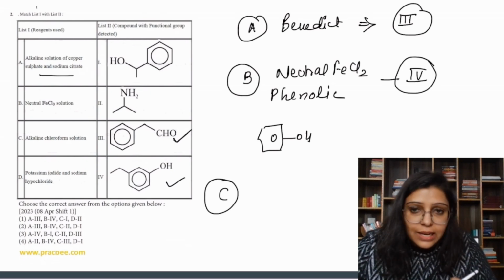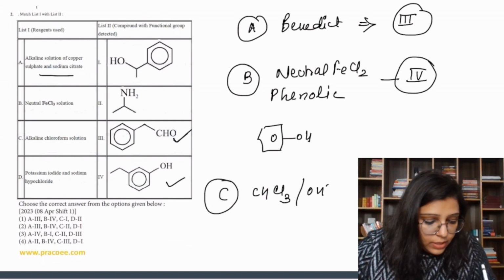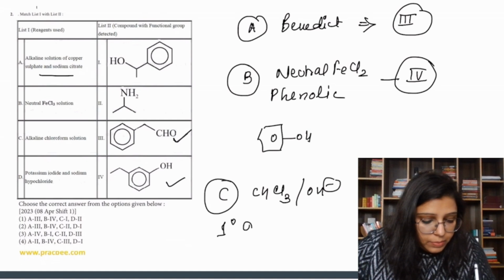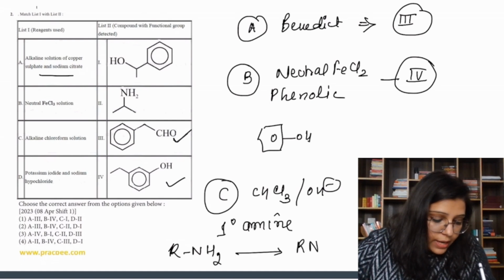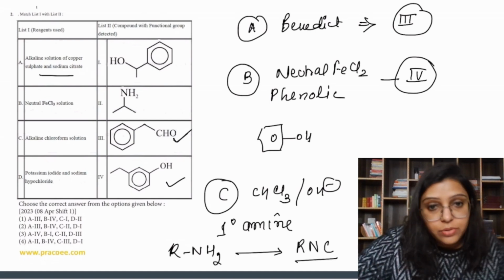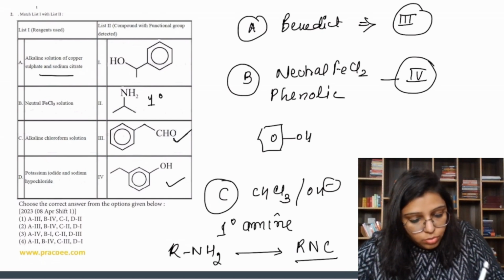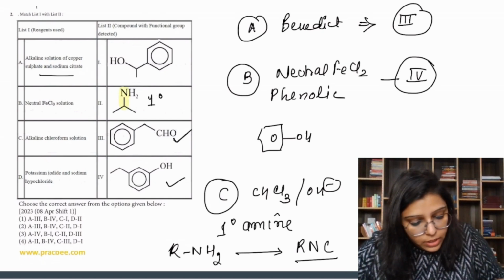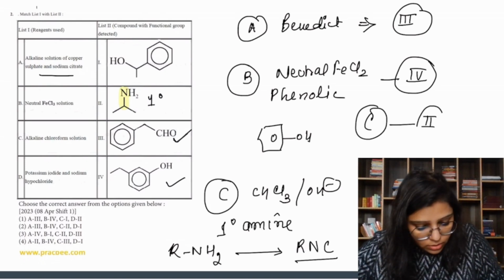Now C, alkaline chloroform, so CHCl3 and OH minus. That is for 1 degree amine. If we have 1 degree amine, in the presence of this, it is converted to R-NC, a foul smelling compound, isocyanide. This is the carbylamine reaction. So this is 1 degree amine because nitrogen is bonded to 1 carbon. So C can be matched with second.